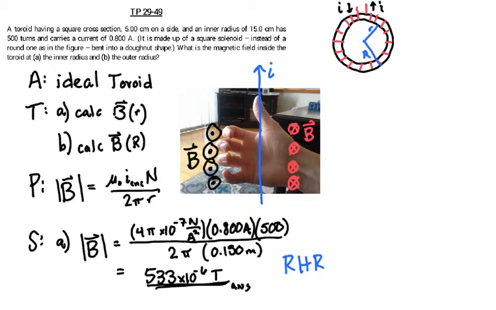Since my hand is already in the orientation of our diagram, then we can see that the magnetic field, since the lead is on the bottom of our square cross-section toroid, is pointing to the right.